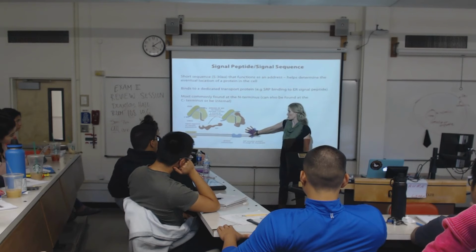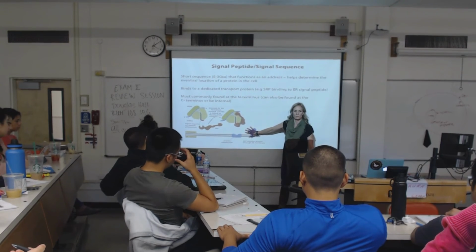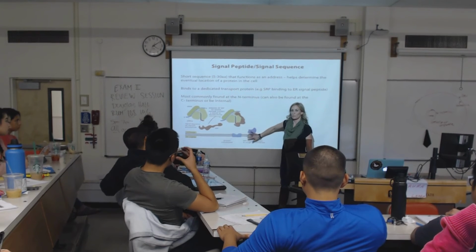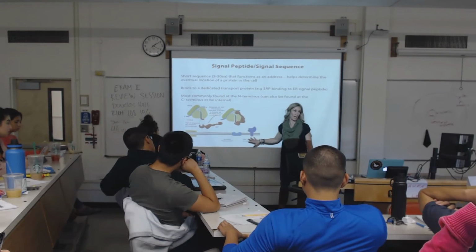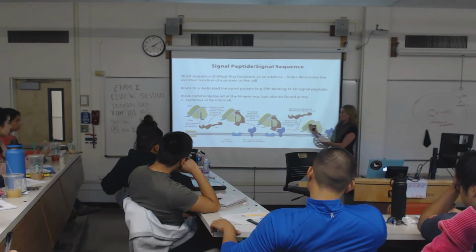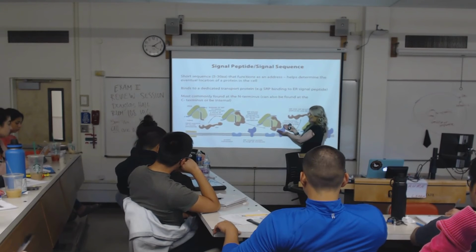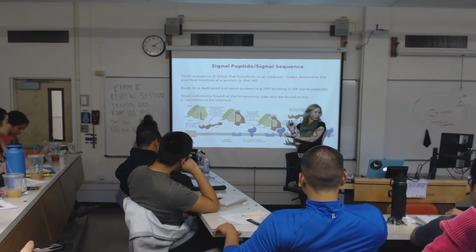So if SRP receptor wasn't there, do you think this would dock to the membrane? Nope. Critical piece. You need all these things for the ribosome to bind. So what happens next? SRP receptor binds SRP. That binding, protein-protein interactions, causes conformational changes.